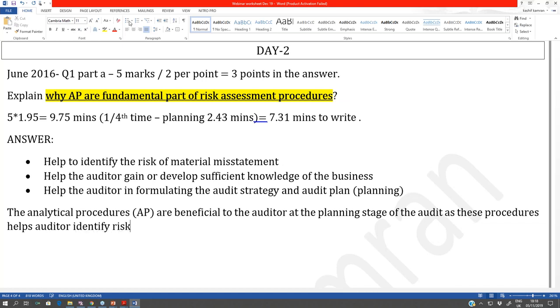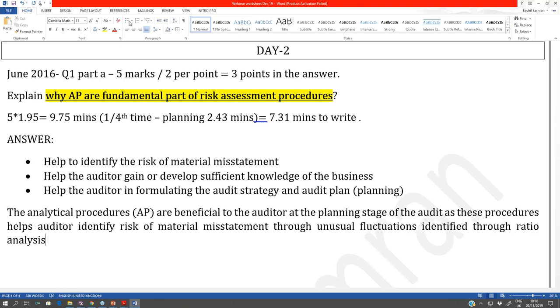identify risk of material misstatements through unusual fluctuations identified through ratio analysis, comparison of current year with last year, etc. See how I developed my 1 point?